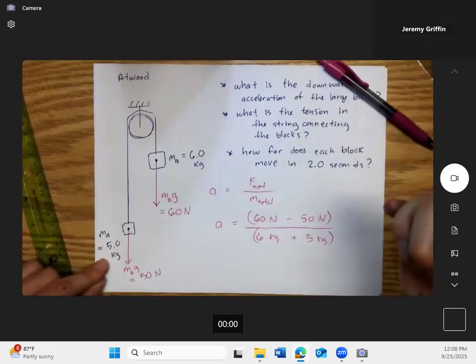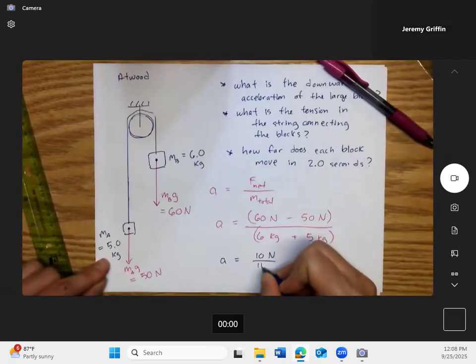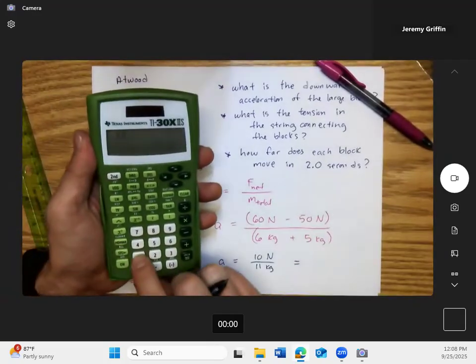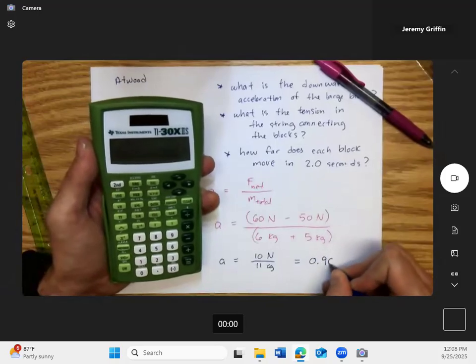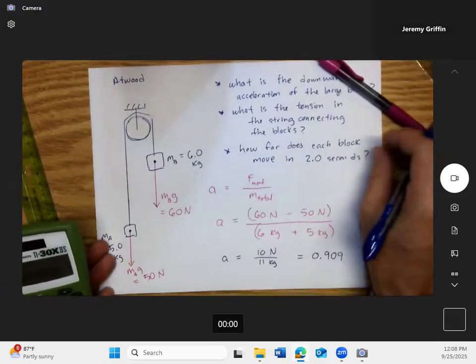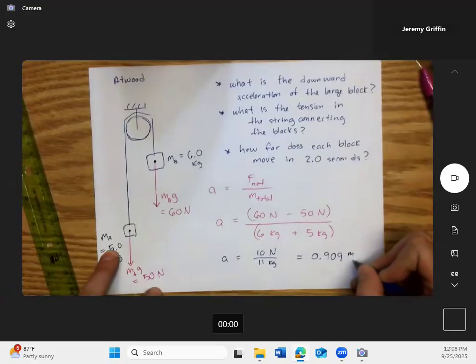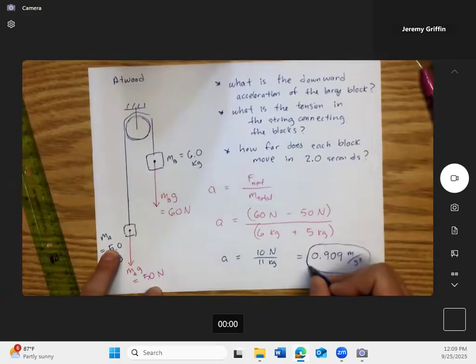Okay, so I got 10 newtons net force acting on 11 kilograms, which is 10 on 11. That's like 0.909. Oh, guys, newtons over kilograms is also called what per what? Meters per second squared. So that's the answer to the first question.